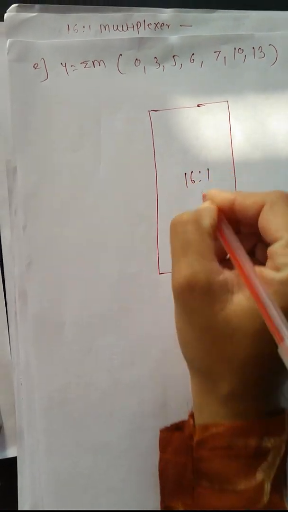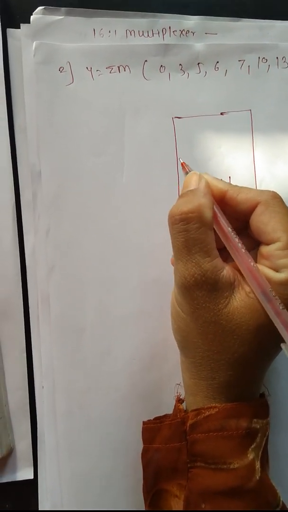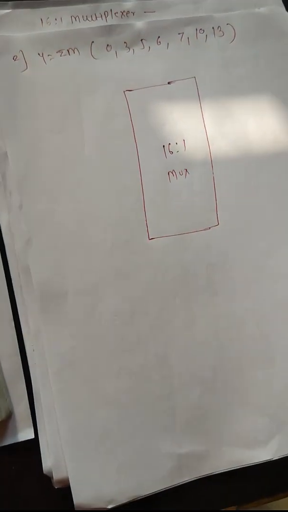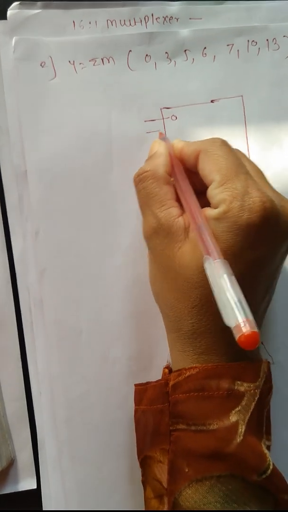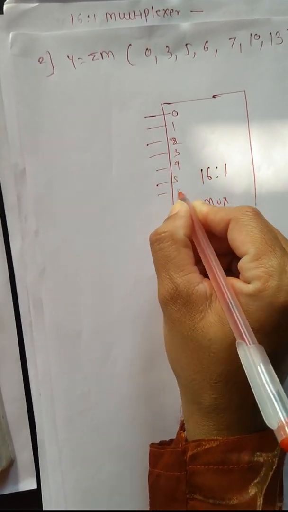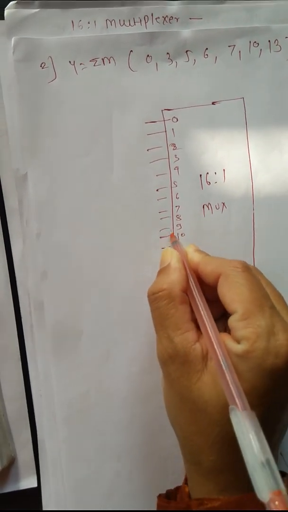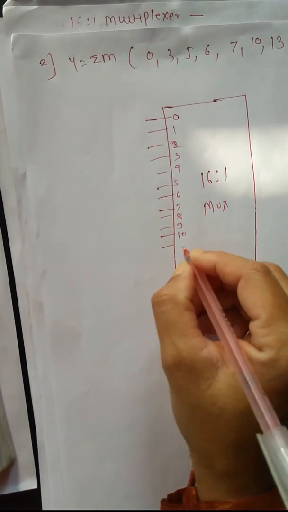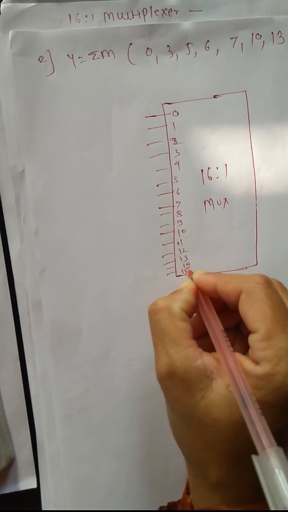With the 16:1 multiplexer, we have to design the combinational logic circuit. And summation m, that is value 0, 1, 2, 3, 4, 5, 6, 7, 8, 9, 10, 11, 12, 13, 14, 15.